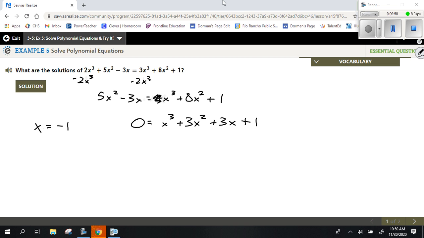Let's check it. Let's make sure. So essentially, I'm checking to see if I put -1 in here, do I get 0?